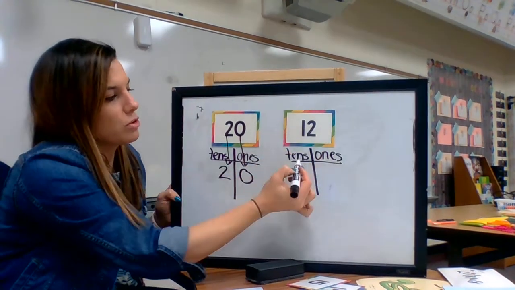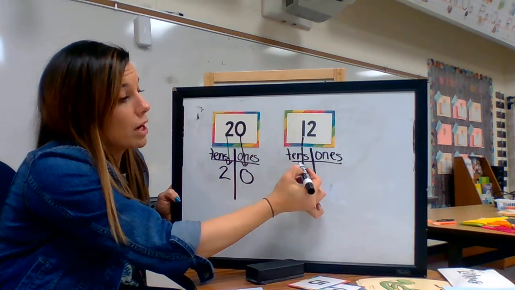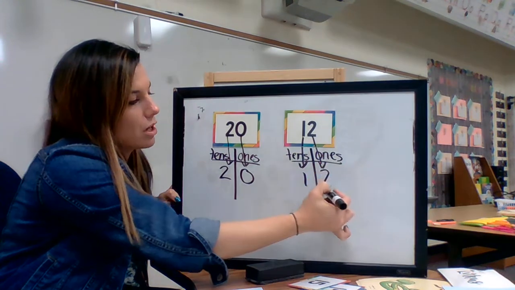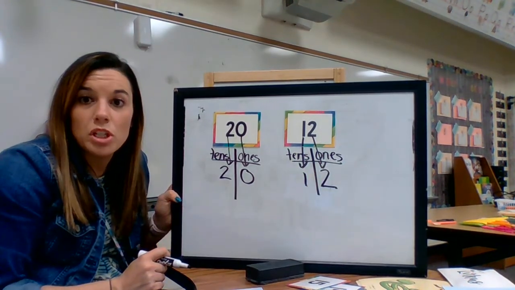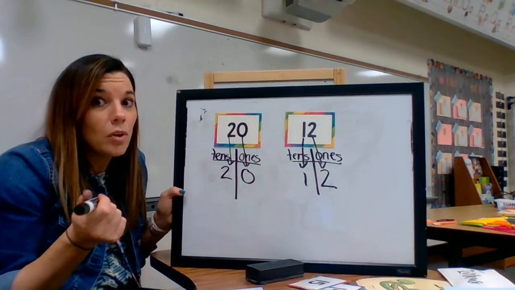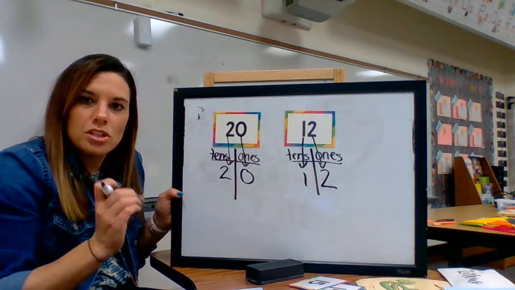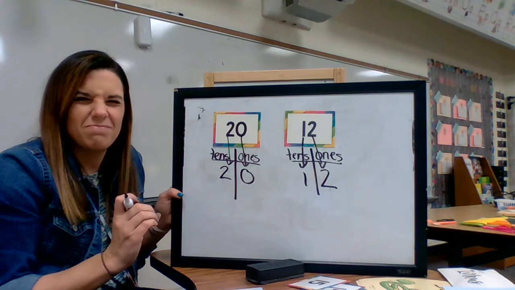Let's look at the number 12. How many groups of 10 are we working with here? 1 group of 10, 2 extra ones. So let's compare these numbers to see which number is bigger, 20 or 12. Well, I just told you on the last problem, when we're comparing two-digit numbers, where do we want to look first?